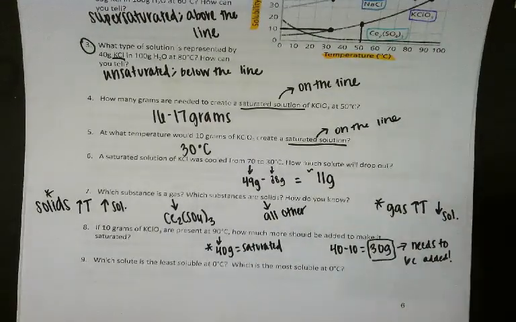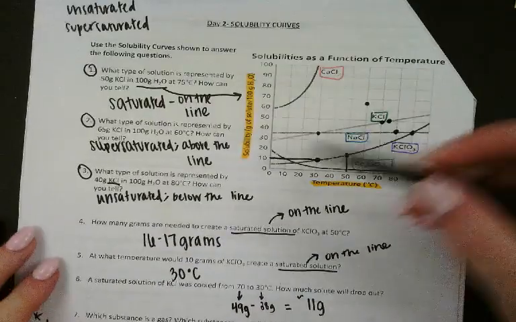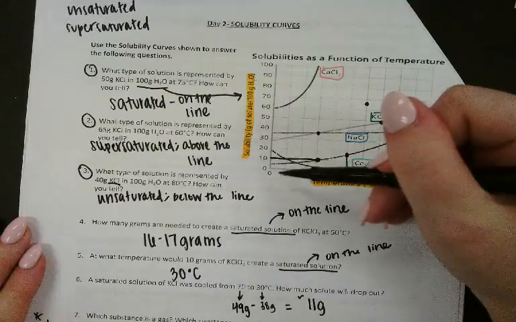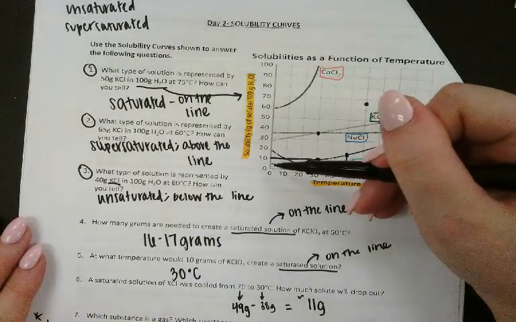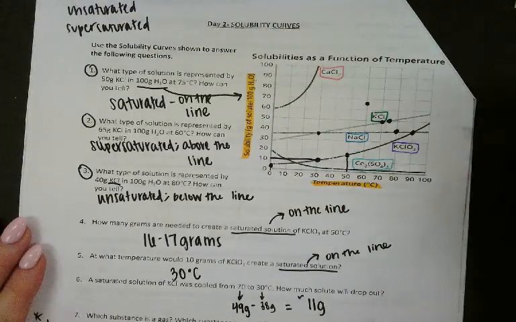Finally, which solute is the least soluble at 0 degrees Celsius? Which is the most soluble at 0 degrees Celsius? So I'm going to look at my solubility curve. At 0 degrees Celsius, if I go up, I land on KClO3.